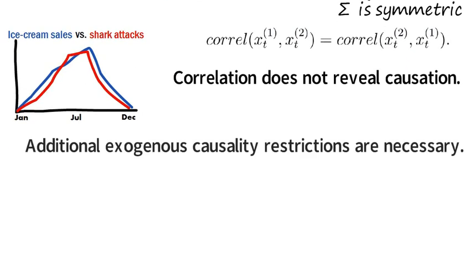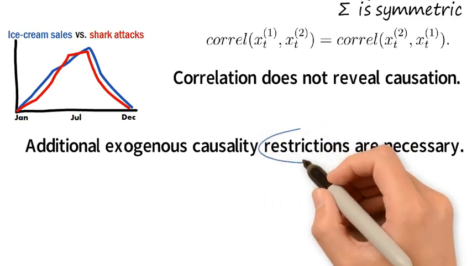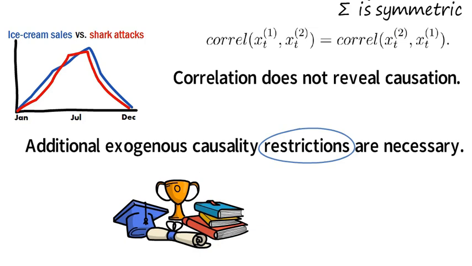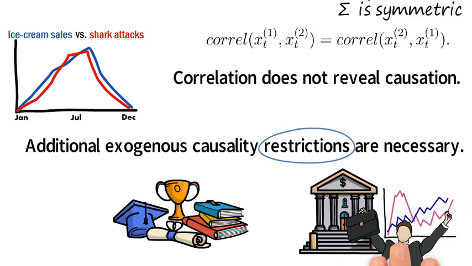Hence, additional exogenous causality restrictions are necessary to uniquely identify the IRF of the system. And any such restriction has to specify which shock made another shock move. So what's the causality? And here it's very important to remember and to understand that good restrictions are grounded in economic theory, or at least in market experience.